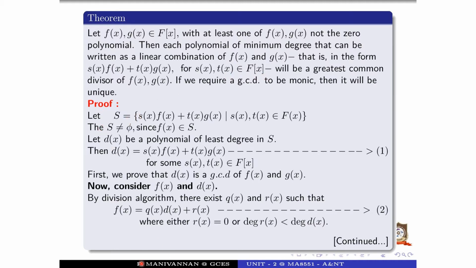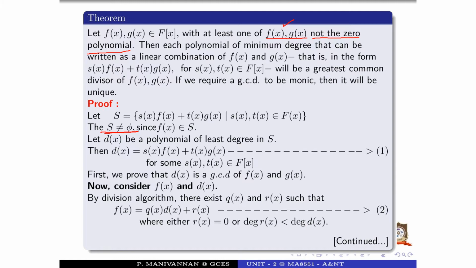First assume S is not empty. Then either f(x) or g(x) is not the zero polynomial, which is the assumption. We choose f non-empty, then S is non-empty.